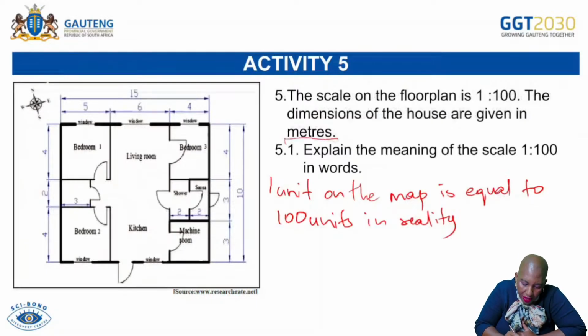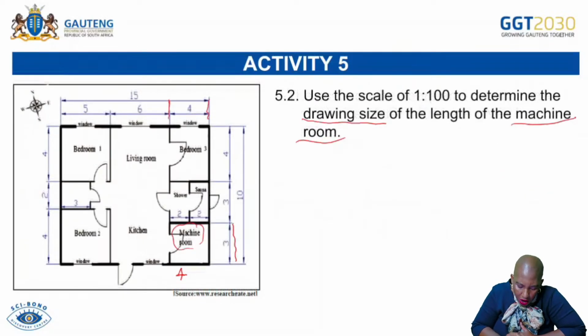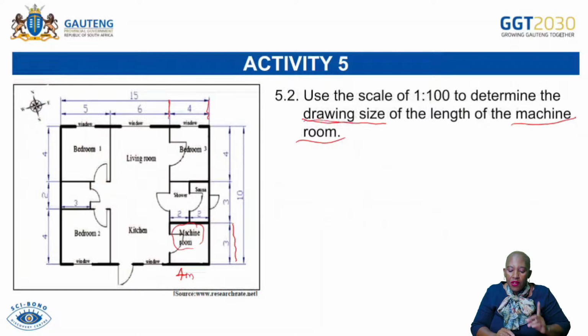So this 4 means it is in meters. So here this is 4 meters, and now we want to know the drawing size. I'm just giving you 1 minute to do it.